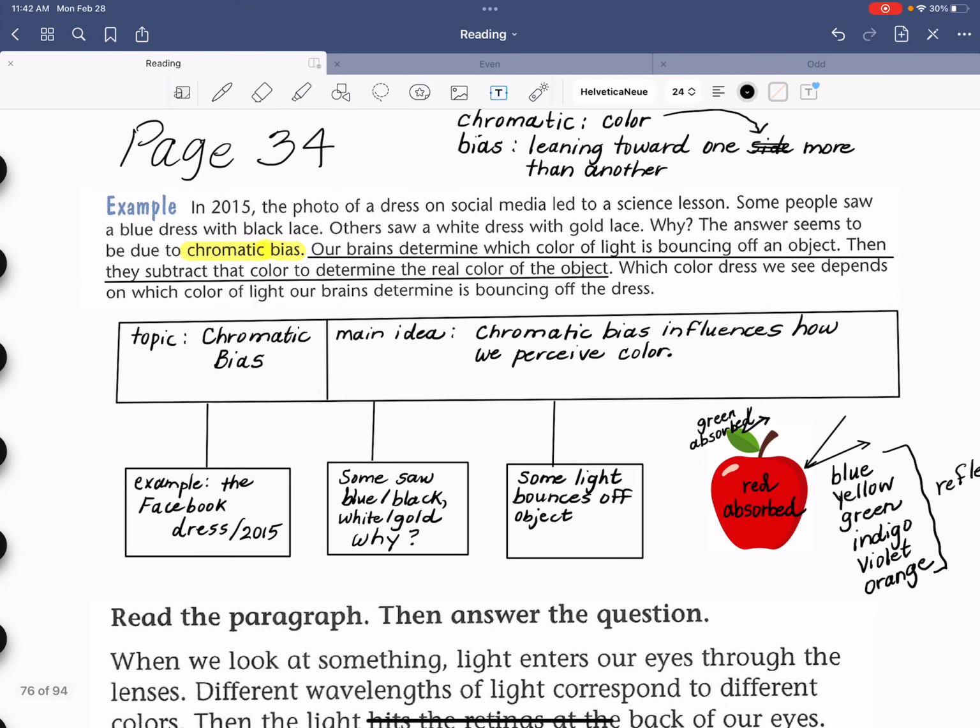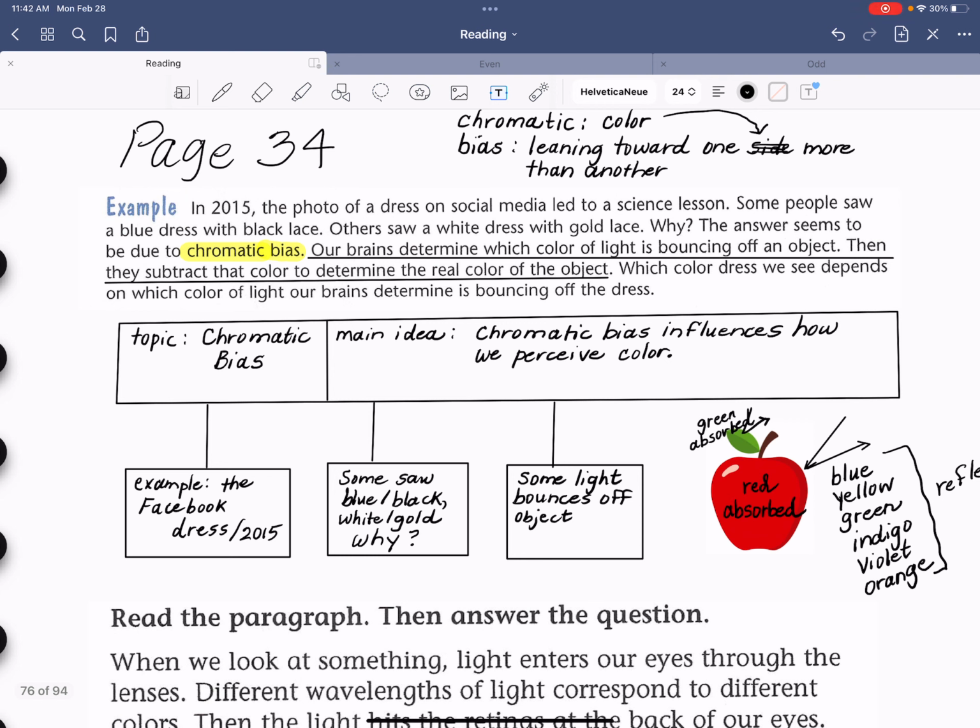So, main idea. Which color dress we see depends on which color of light our brains determine is bouncing off the dress. So we need to go back to our main idea and add to that just a little bit. Chromatic bias influences how we perceive color. I'm not going to change it. I'm just going to add to it.